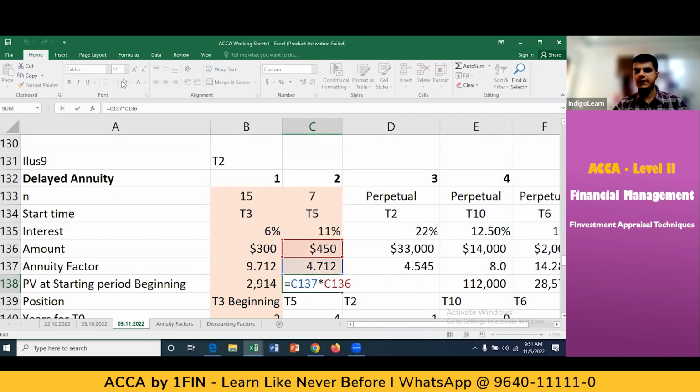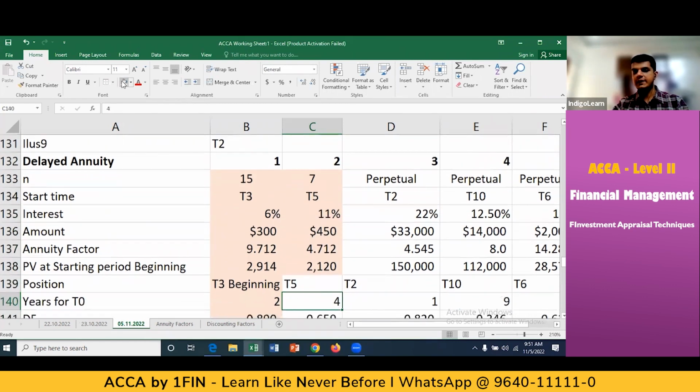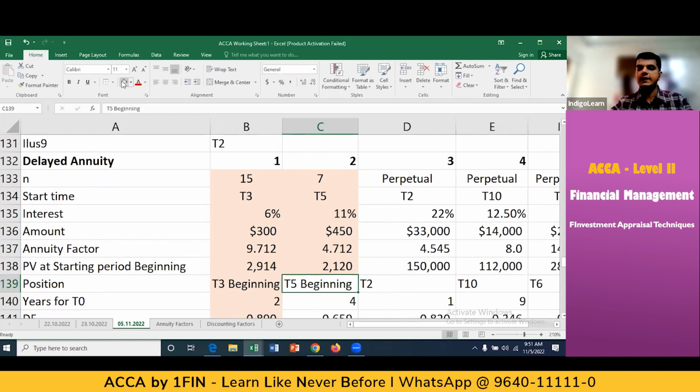We'll multiply it. We got this as T5 beginning, because this annuity was starting from the end of T5. So this annuity amount is at T5 beginning. Now we want it at year 0, so we have to discount back 4 years.